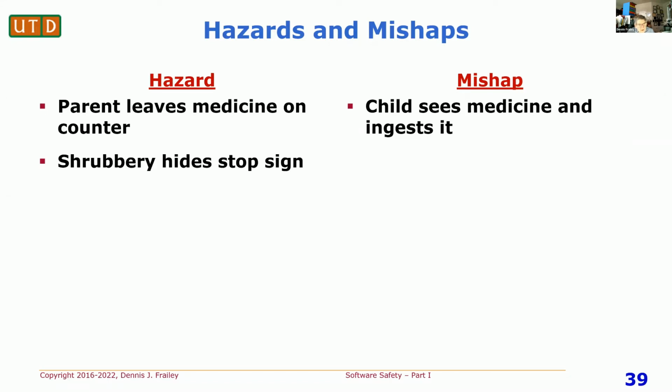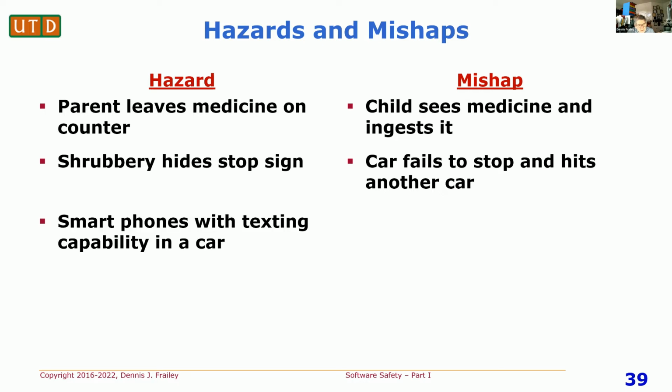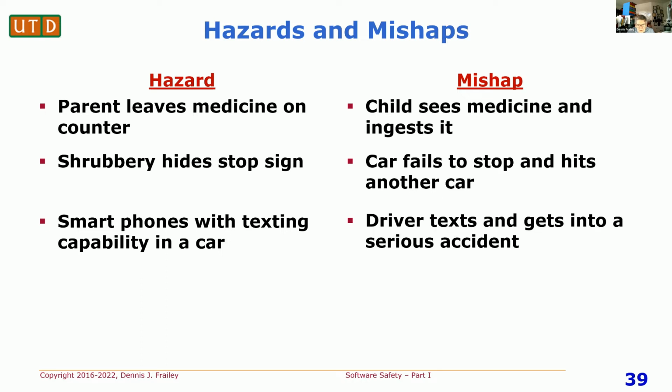Here's another example. Shrubbery hides a stop sign. That's the hazard. The car fails to stop and hits another car. That's the mishap. Smartphone has texting capability in a car. That's the hazard. The mishap is the driver does a text and then gets into a serious accident because they're paying attention to the text.